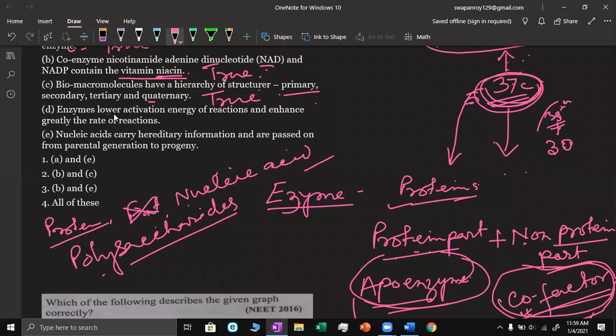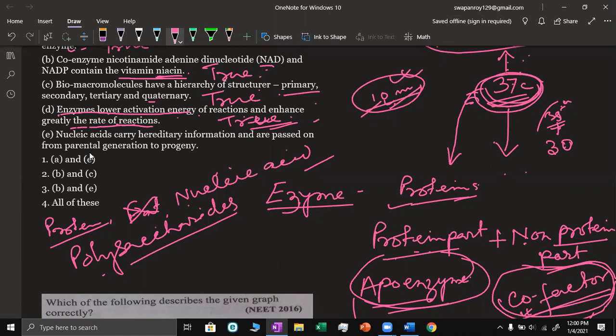Then, enzymes lower the activation energy of a reaction and greatly enhance the rate of the reaction. Enzymes function by lowering the activation energy. This one is also true. Enzymes increase the rate of reaction greatly, sometimes ten million times, or a million times.